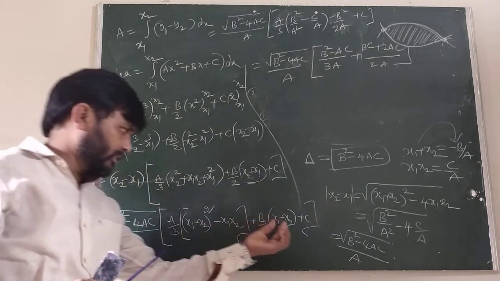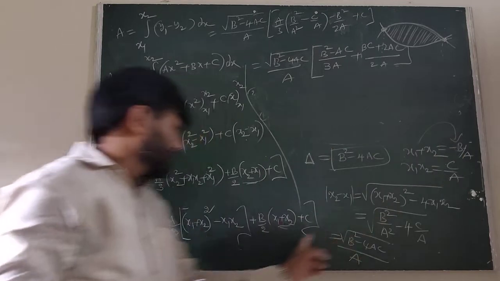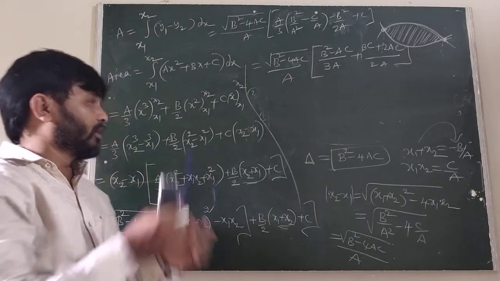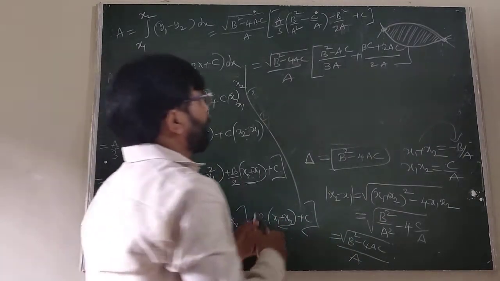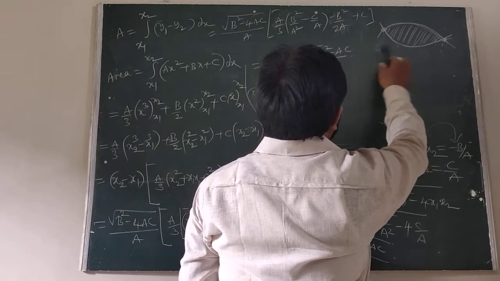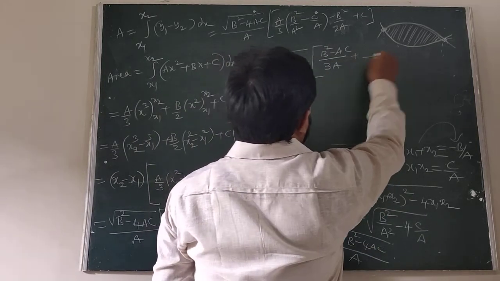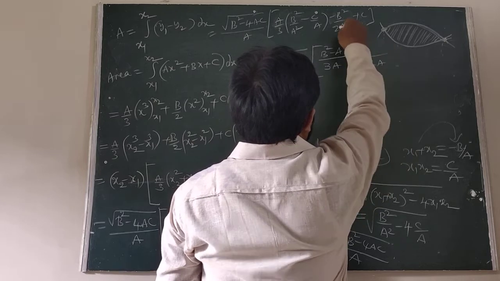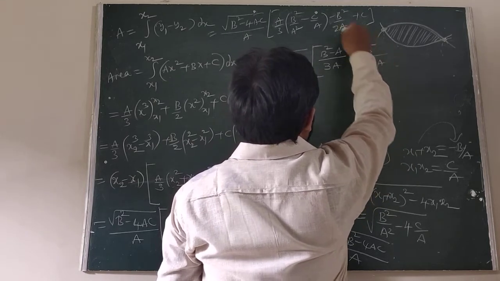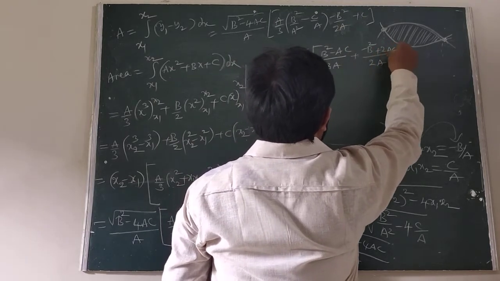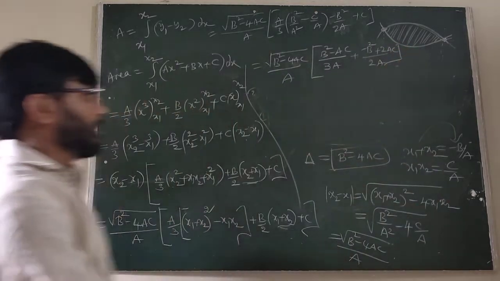The x1 plus x2 is there minus b by a, minus b square by 2a. Now we are taking the LCM here. What is the LCM? When we are taking the 2a, this is minus b square plus 2ac. Is it clear or not?